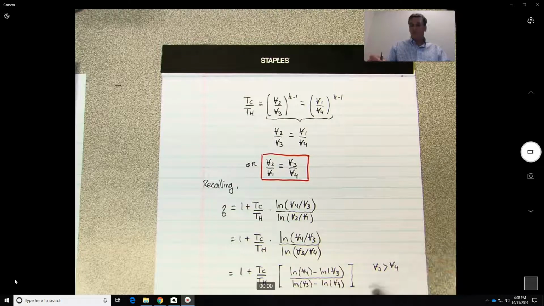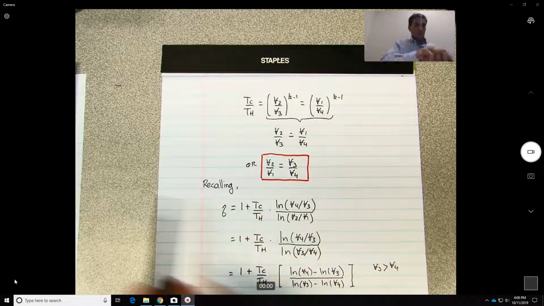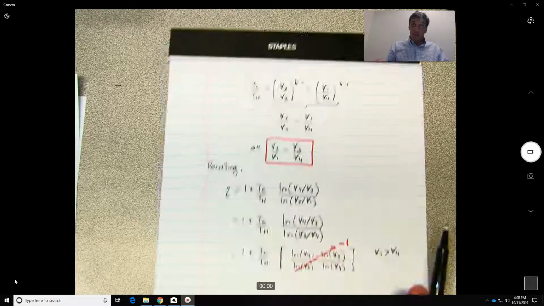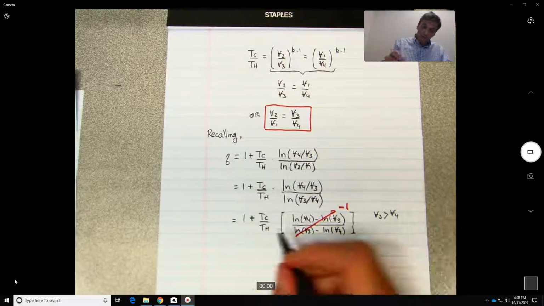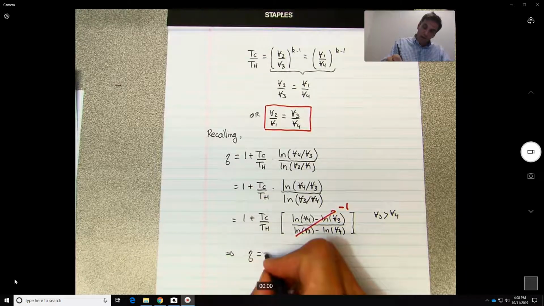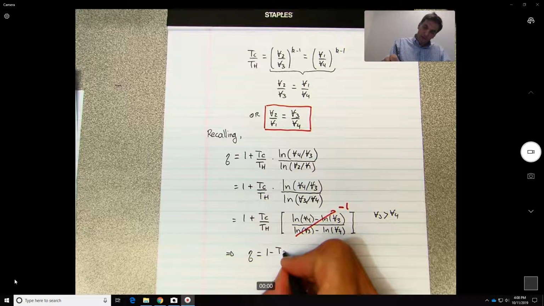But even if it was the other way around it would work, because in this case this one will be positive and this one will be negative. So no matter what, this term here will basically be equal to minus 1. So at the end we have what we wanted to prove, that the efficiency will be equal to 1 minus T cold over T hot.